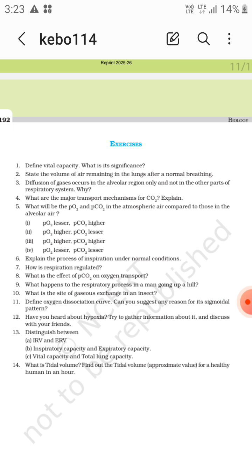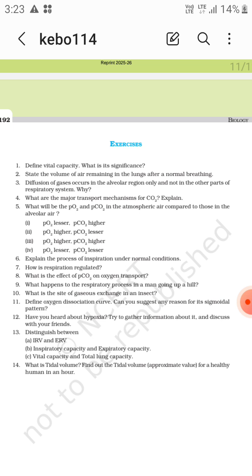It is around, how much is that? And ERV is around 1000 to 1100. After normal expiration, the additional volume that you can forcibly release out is the expiratory reserve volume.